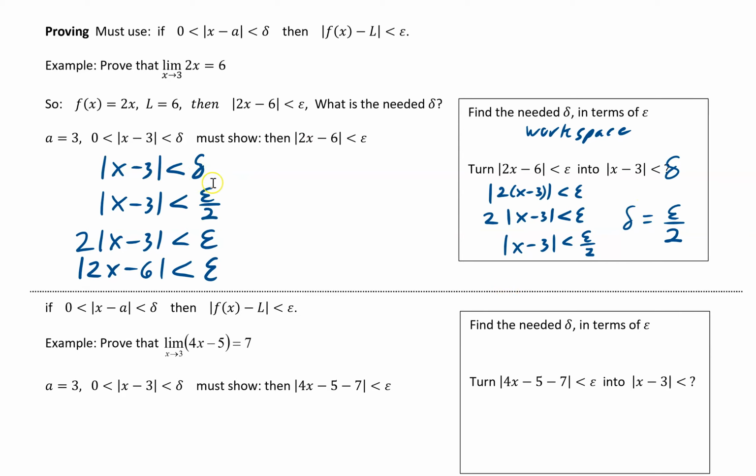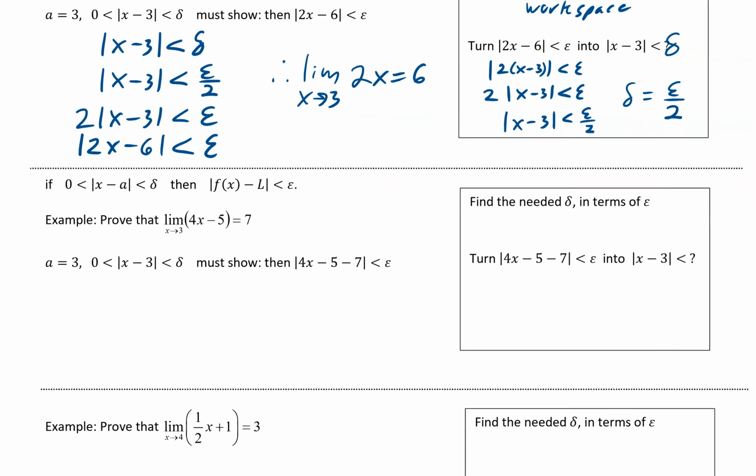Delta is greater than 0. Epsilon is greater than 0. Works perfectly fine. And then we show that this becomes this. So we just proved that that is true. So now we can say, therefore, the limit as x approaches 3 of 2x equals 6. So it's easier to just start with what you're looking for and work it backwards. And then you just copy it back down and you have a nice proof.